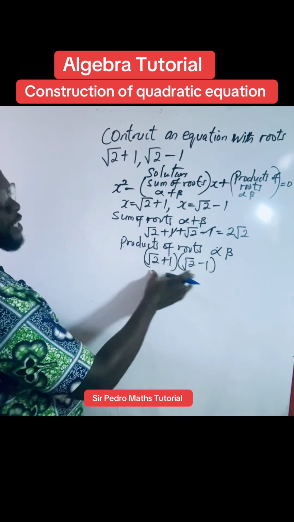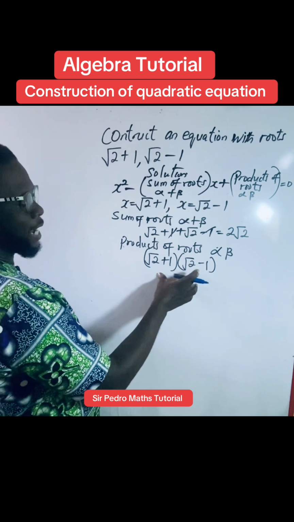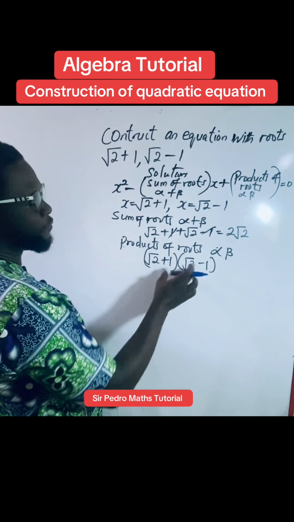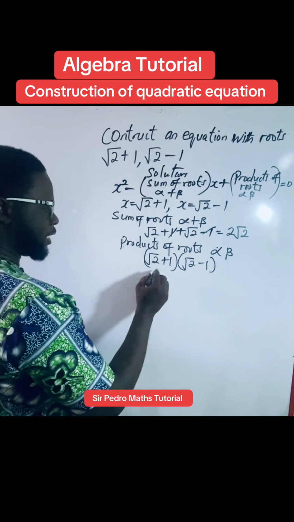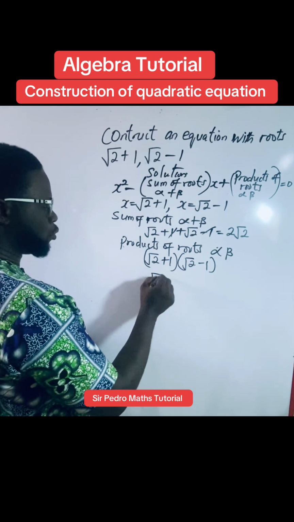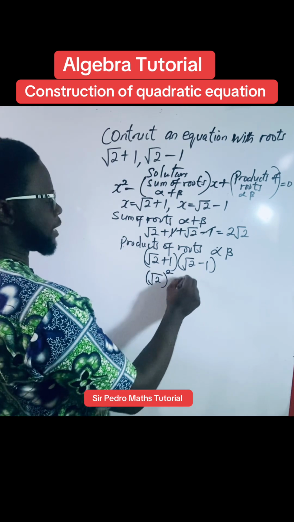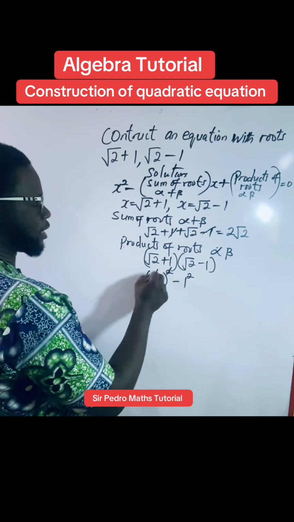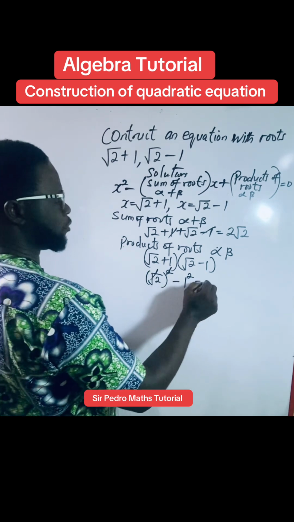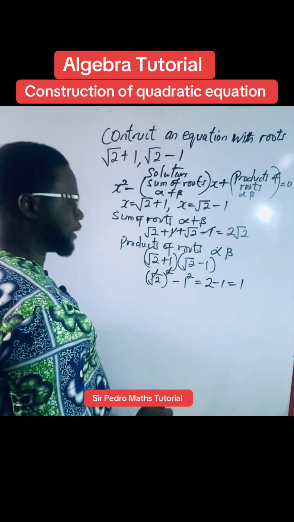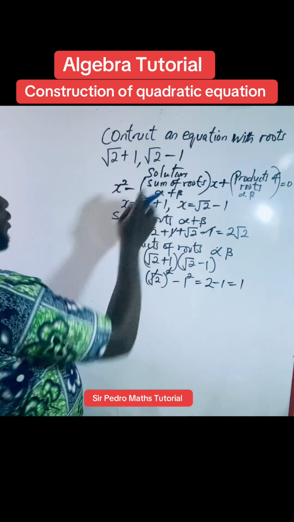Expanding this, looking at the expression, this is a difference of two squares. So quickly, this would be root 2 squared minus 1 squared. Root 2 squared is 2, and 1 squared is 1. So we are left with 1.